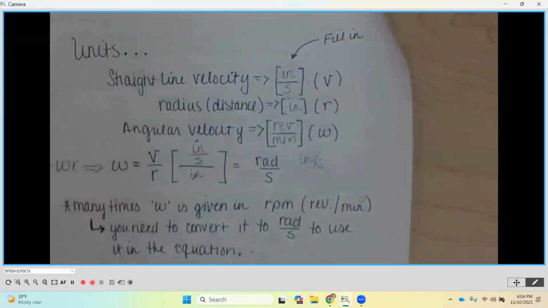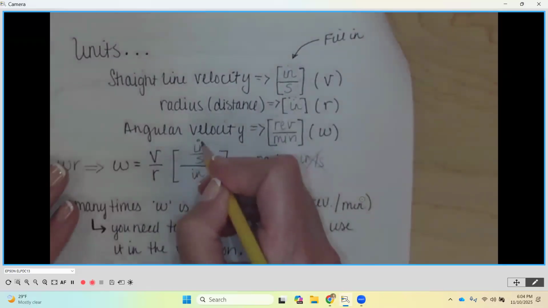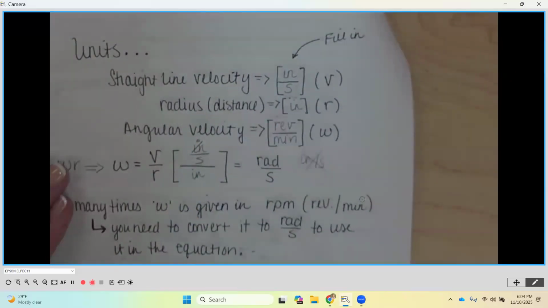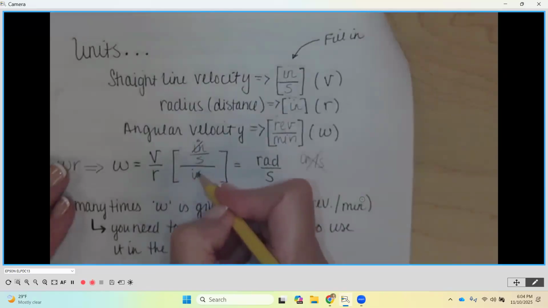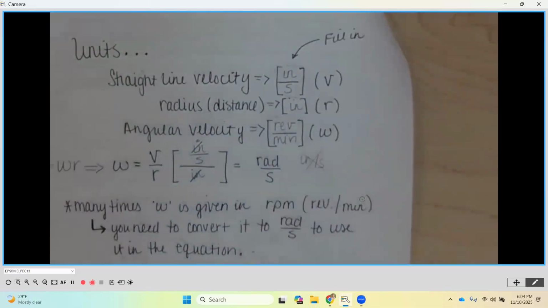Now, this is where it's important that we put our units in all phases of the problem, because now you're going to cancel and see what you end up with. Here in the numerator, I've got inches in the numerator of the numerator. Those cancel with the units in the denominator. So now what I have is nothing per second.